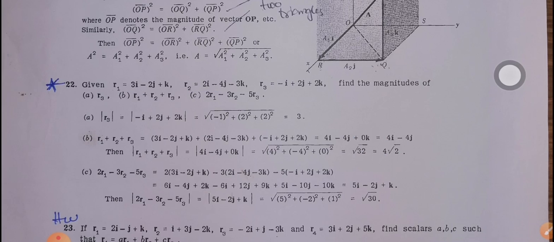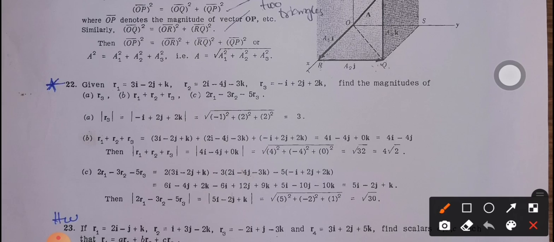But rather than geometrically drawing the vectors and then adding them, let us see how we can add the two vectors mathematically. We simply add the x components to get the x component of the resultant vector, then the y components for the y component of the resultant vector, and then the z components for the z component of the resultant vector. So for x, 3 plus 2 minus 1 is going to be 4. For y, -2 minus 4 plus 2 is going to be -4.